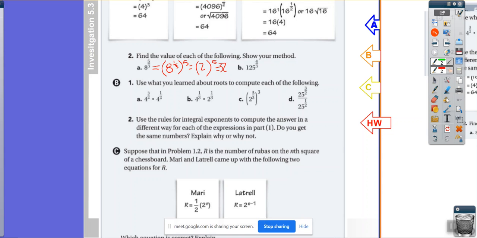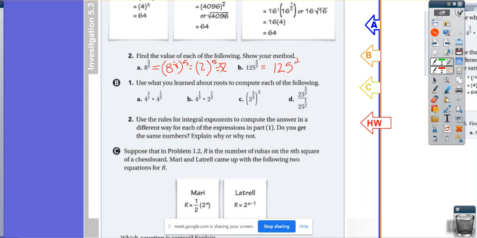All right, we need a girl this time. Let's break 2b apart so that we can find an answer without using a calculator. Are there any female volunteers here? Allie. So start with 125 to the 1/3 power again.